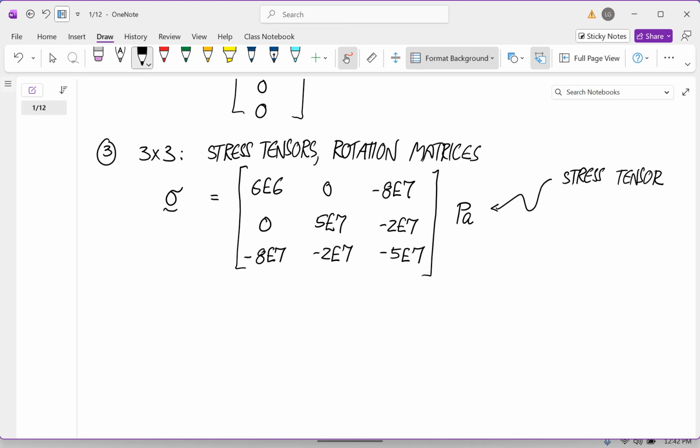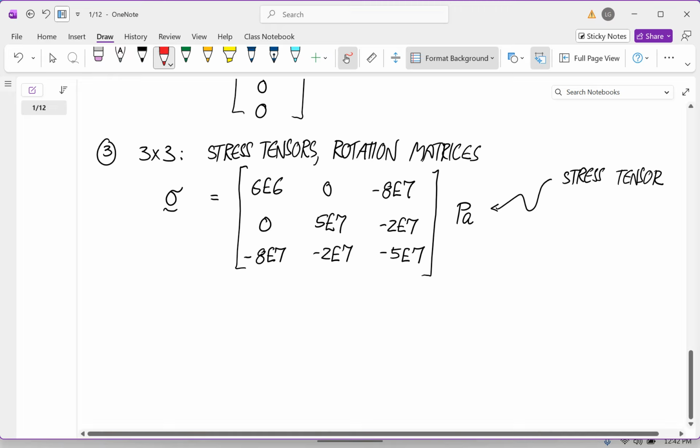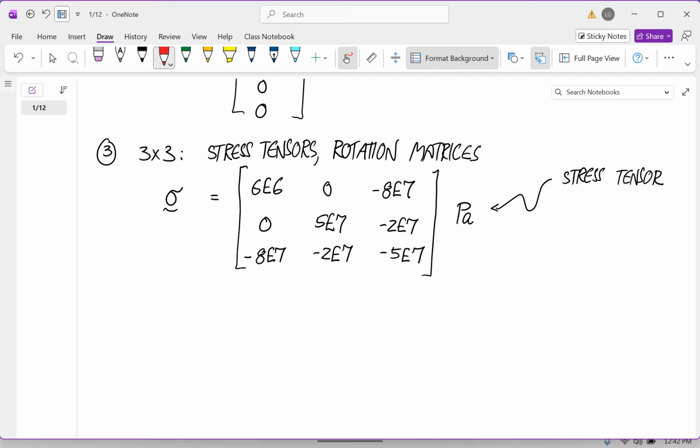One thing that we'll talk about more, but worth noticing for the first time here, is that if you isolate the main diagonal of this stress tensor, notice that there's symmetry across that main diagonal.